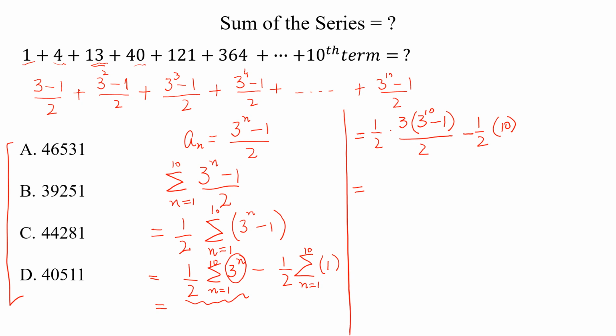Now if we simplify this, we will get 44286, and here we get 5, and we will get 44281, and this is the correct option.